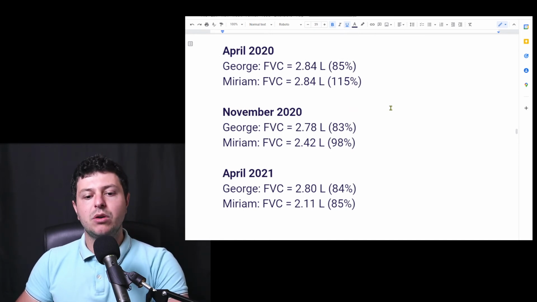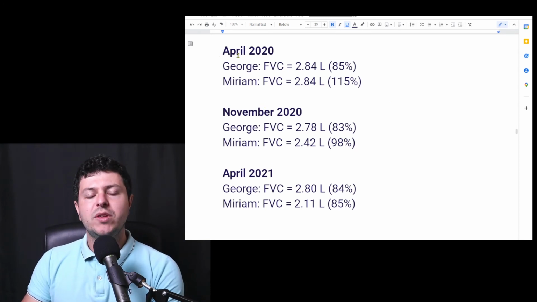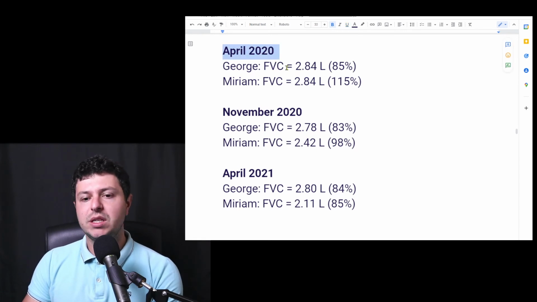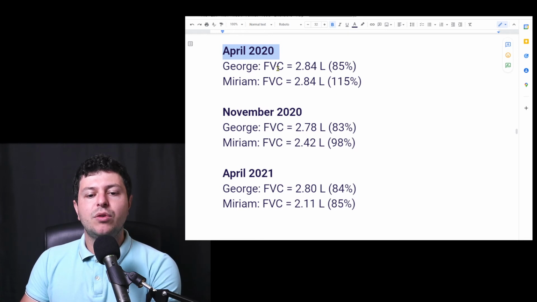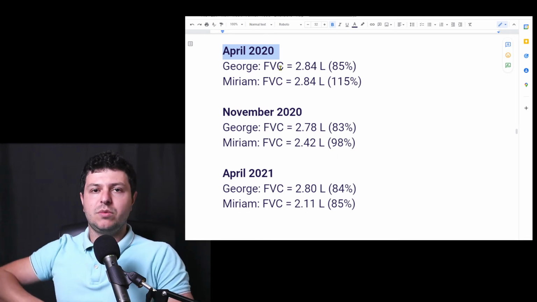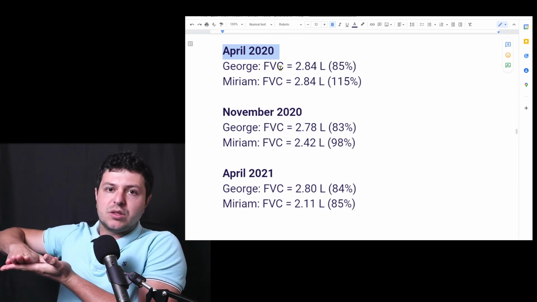And we're doing spirometry maybe every, say, 6 months or so. So we've done a spirometry on both George and Miriam in April 2020. This is a hypothetical example. And we're looking at the forced vital capacity. This is the total amount of air that they can move out. So they breathe in deeply, they blow out, squeeze all the air out.